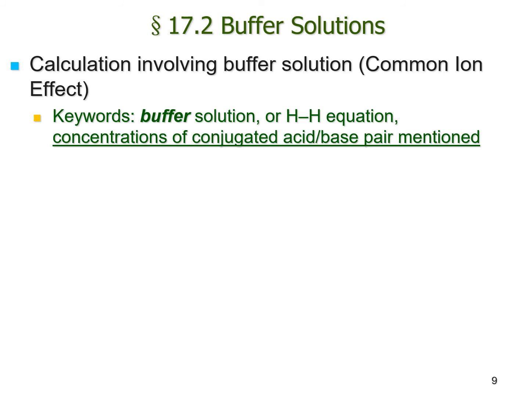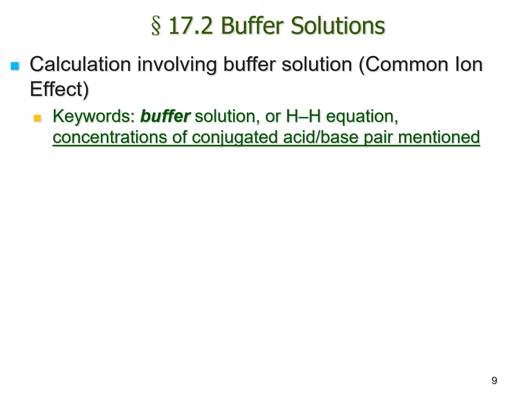So everybody should know it's a buffer solution problem. Or if a question asks for the HH equation, Henderson-Hasselbalch equation, well, that's a buffer solution problem. But what happens if the first two are not mentioned? So how do we know it?